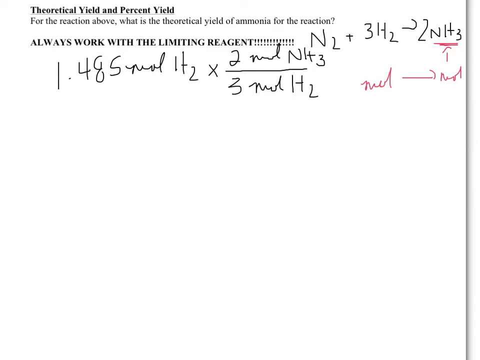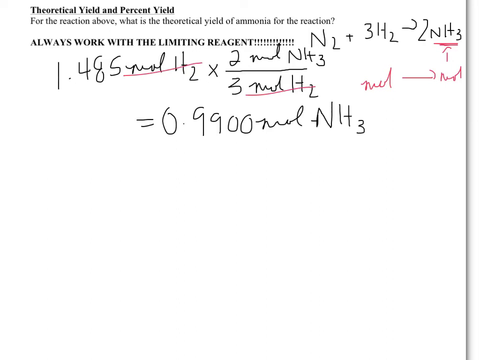I've run out of room on the side here, but I can work below and get 0.9900 moles of what, I wonder? Well, I cancel out those two and I'm left with moles of NH3. Beautiful.